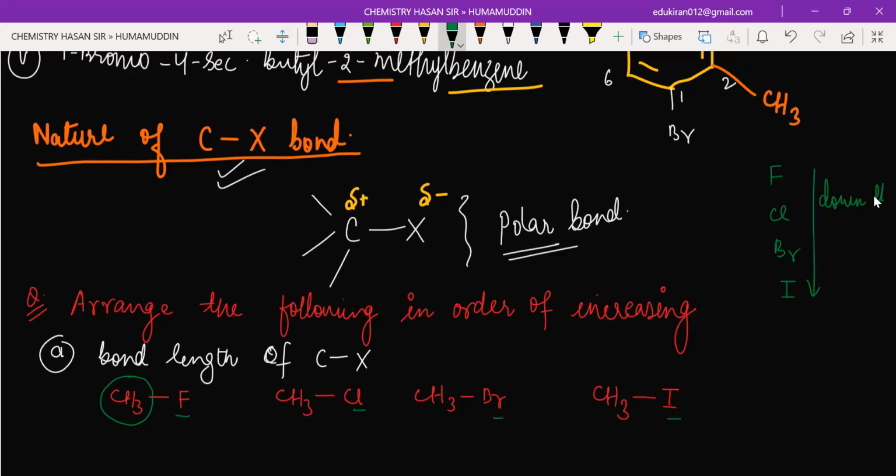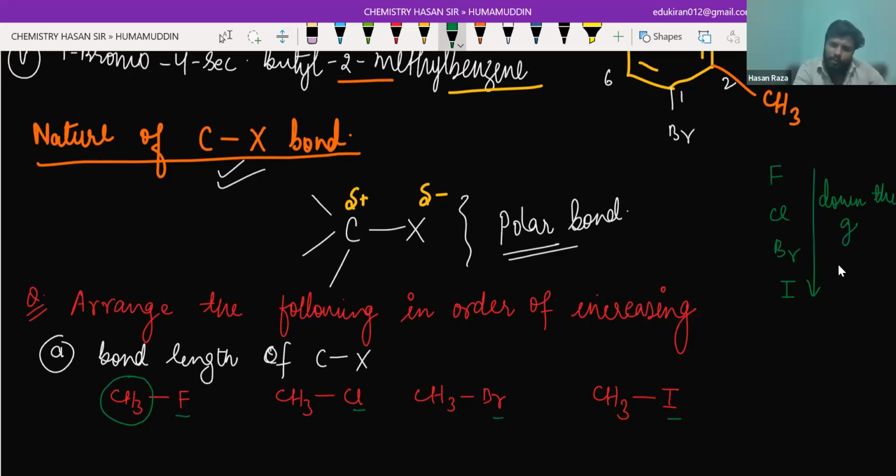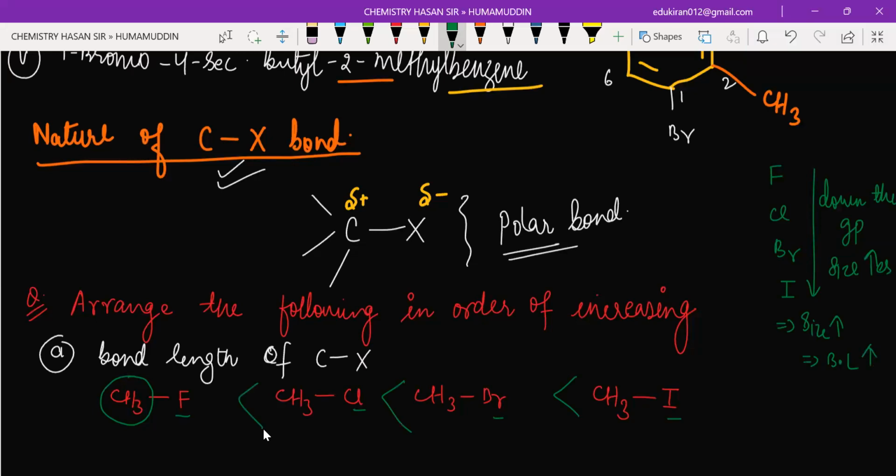Down the group, size increases, and if size increases, bond length also increases. So iodine is the largest, so it will have the longest bond, then this, then this. Are you getting my point, both of you? Yes.